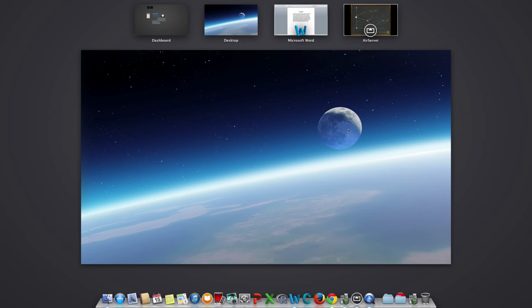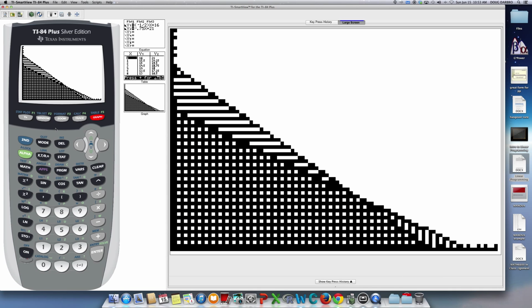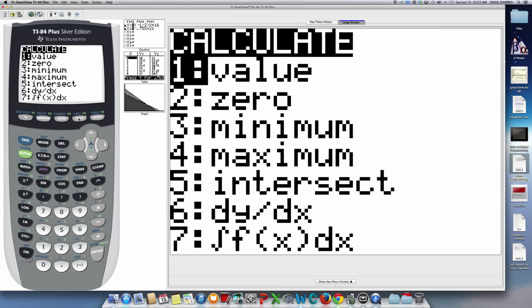Again, computer's running really slow, but got a lot going on in the background. Now, guys, if you'll go second function and go up here to calc, you'll get this screen. And if you come down to number 5, it says intersect.